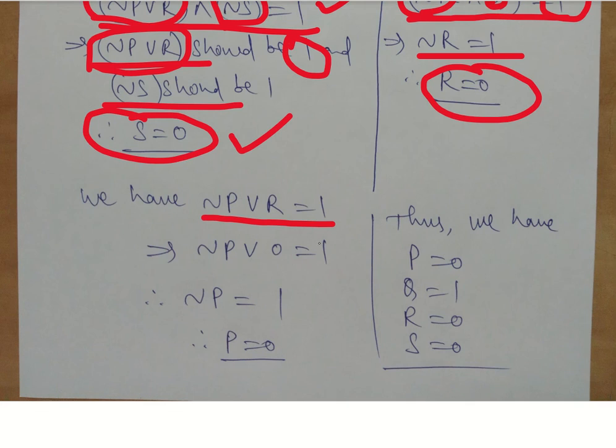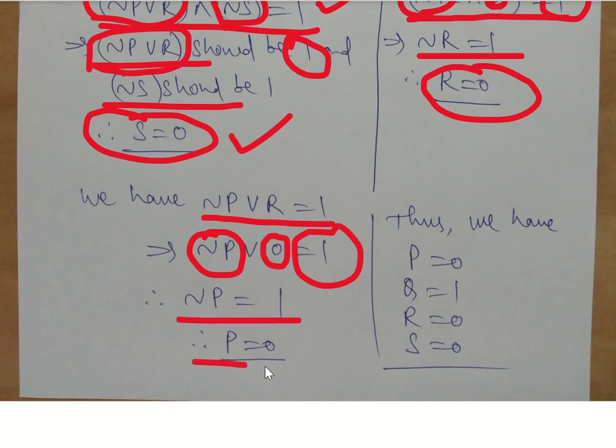When I get the result as 1, there is a false here, so this should be true. As per the disjunction truth table, one true value and another false value will give 1. We know these two. This is false, the result is true, so this should be true. If it is false, you will not get 1 here. Since it should be true, negation P is equal to 1. Since negation P is equal to 1, P is 0.